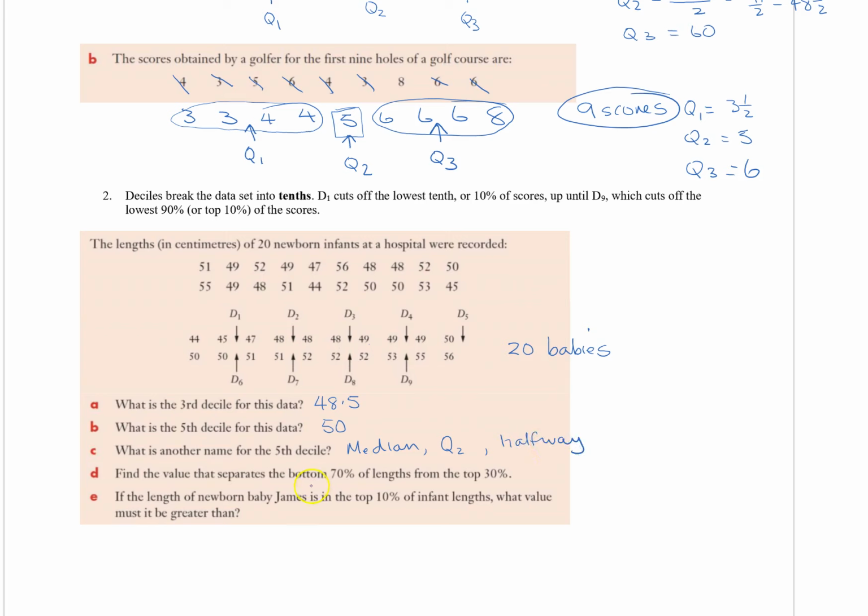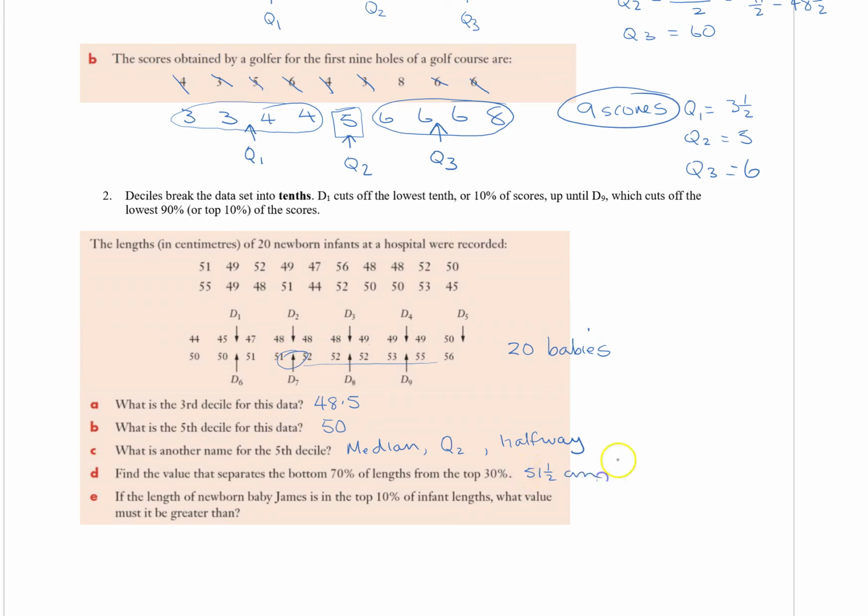Find the value that separates the bottom 70% of lengths from the top 30. So we're sitting here. Here's the top 1, 2, the top 30, and the value that separates them is 51.5.